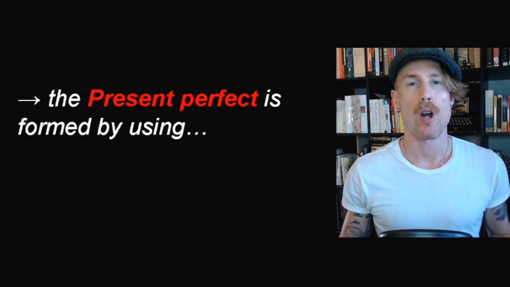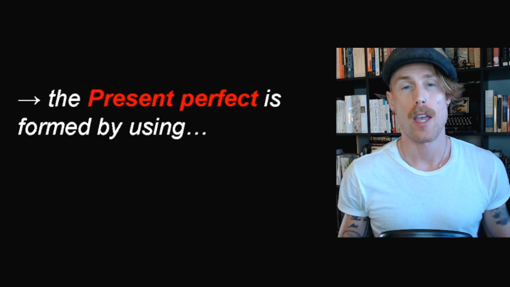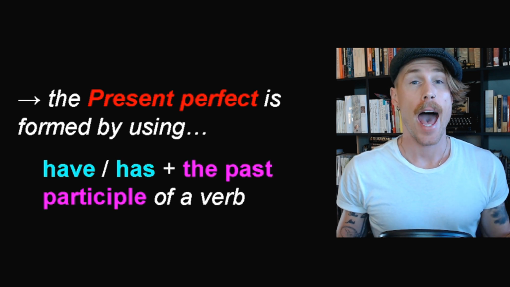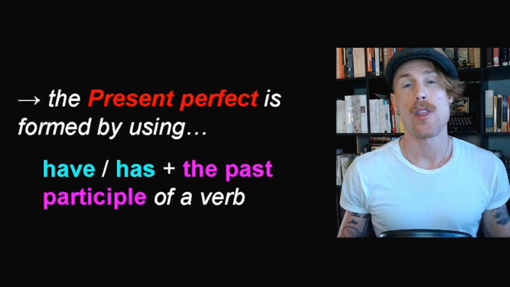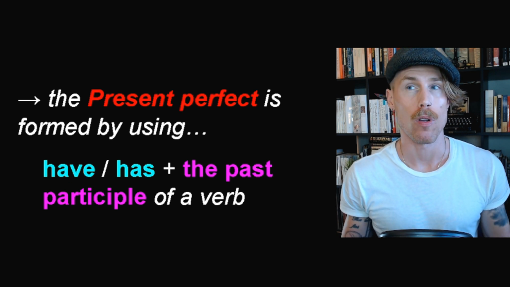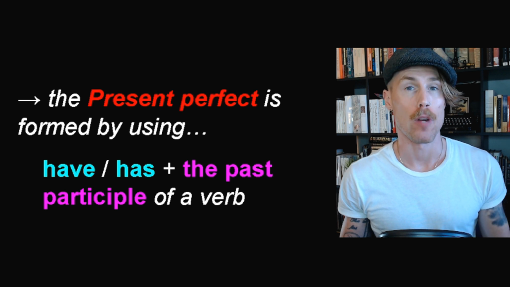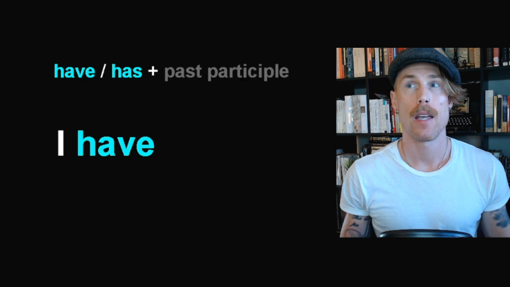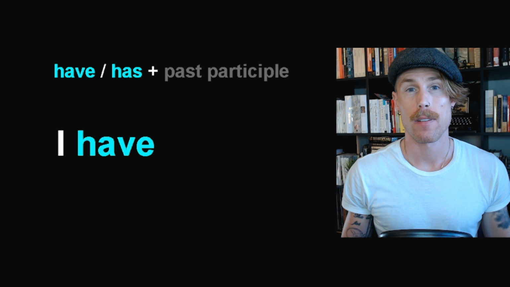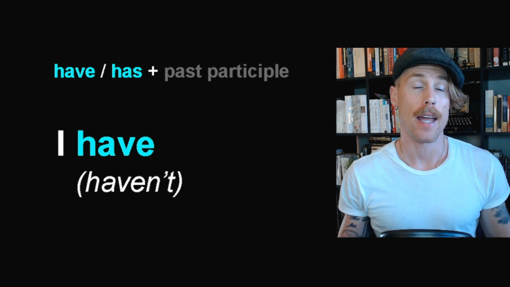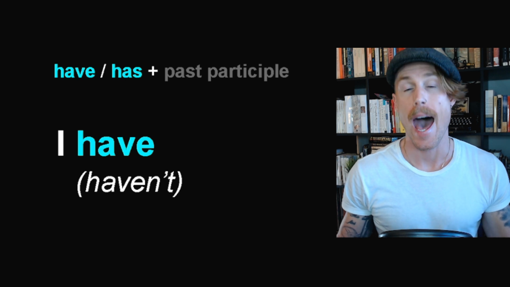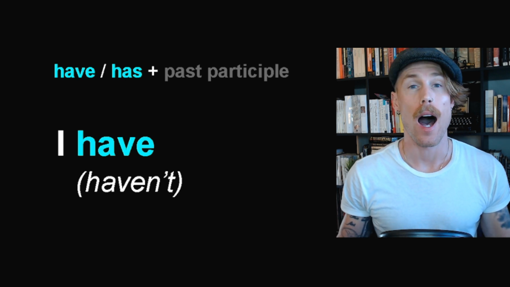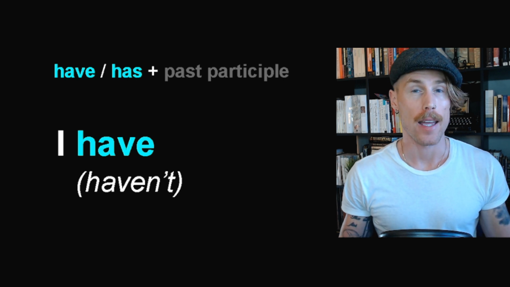The present perfect is formed by using have or has plus the past participle of a verb. I have. And the negative is haven't or have not. I have not, I haven't.